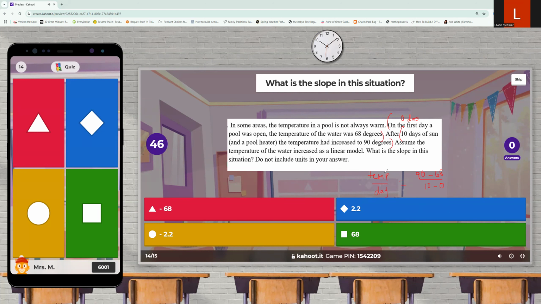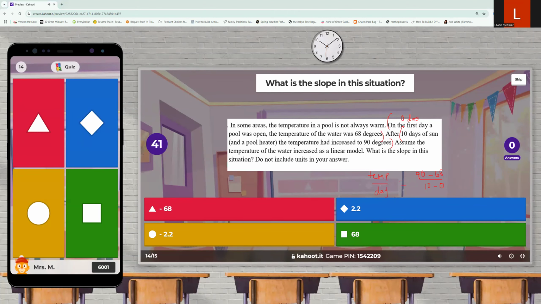So that's going to be 90 minus 68 and then divided by 10. Looks like our slope is 2.2. So it's increasing by about 2.2 degrees per day.